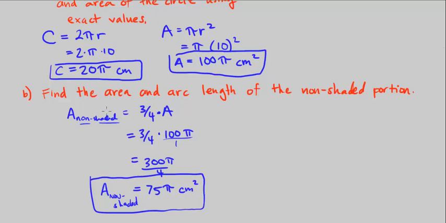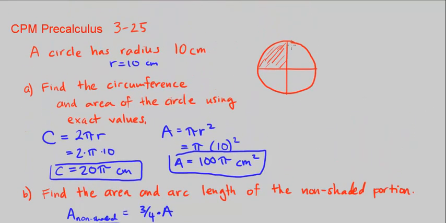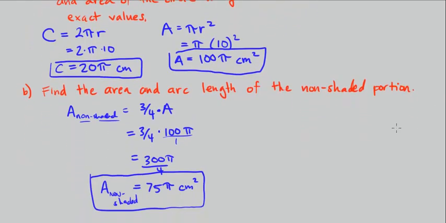We also want to find the arc length. The arc length is just the circumference, but only of the non-shaded region. If we look at the whole circle, the whole circumference, we're just going to cut off 1/4 of that. So we only want 3/4 of the circumference.